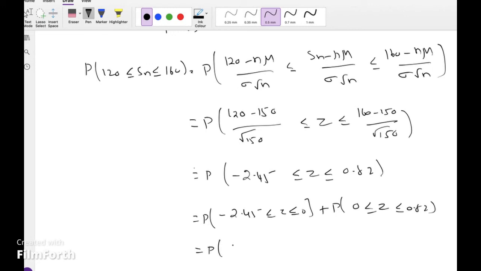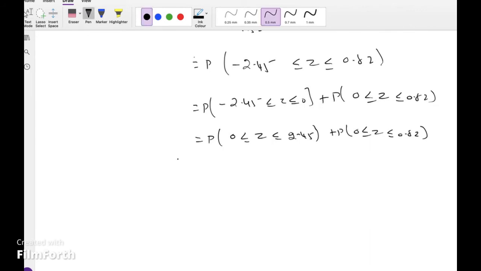But it's a normal distribution, so we can write 0 less than or equal to Z less than or equal to 2.45 plus the probability of 0 less than or equal to Z less than or equal to 0.82. From the table, this value is 0.4929 plus 0.2939, that is equal to 0.7868. So the probability of Sn lying between 120 and 160 is 0.7868.